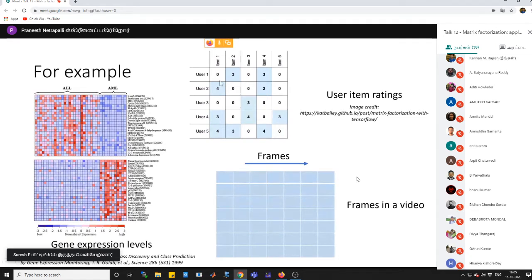The second example here is user item ratings, which is very common in e-commerce platforms like Flipkart or Amazon or Netflix and so on, where each row here corresponds to a user and each column here corresponds to an item. If a user has either bought or reviewed an item, it's represented in blue, and the score represents whether the user liked it, and if so, how much they liked it, based on the review or the score that they have given.